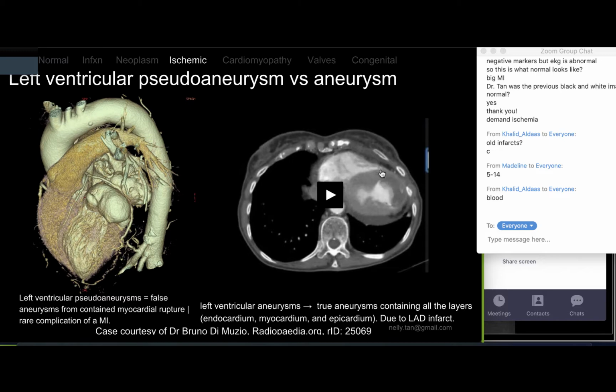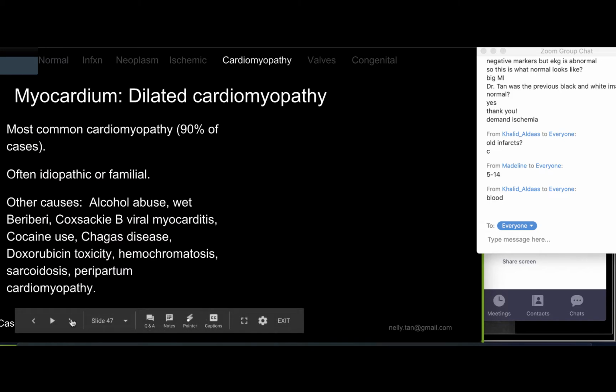Patients who have an infarct are at increased risk for developing clots because that part of the muscle is akinetic. There's akinesia, it's just not moving. And so when you have no flow, then you start to increase risk for clots.